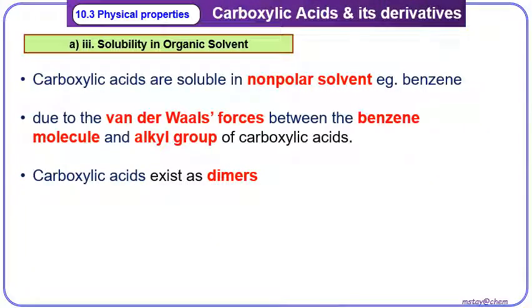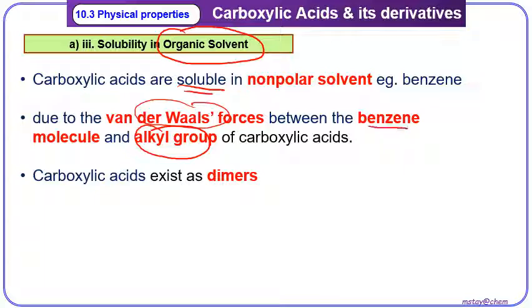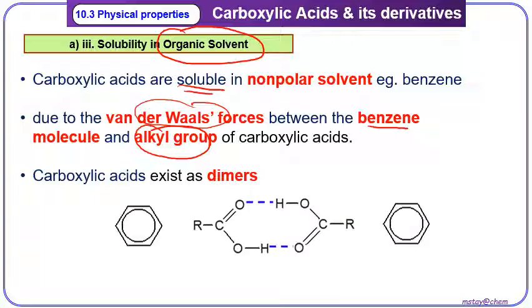So again, besides the solubility in water, we also will focus on the solubility in organic solvent. So carboxylic acid also will be soluble in organic solvent due to the alkyl group of the carboxylic acid being able to form van der Waals force with the benzene. Okay, so again, from here we know that this is the van der Waals force that can be formed.